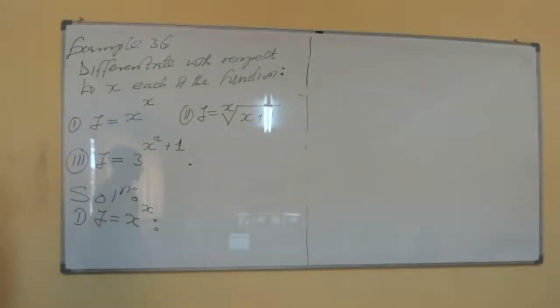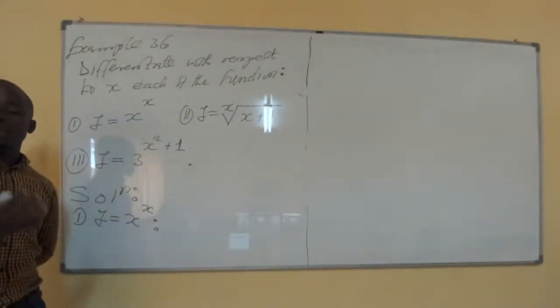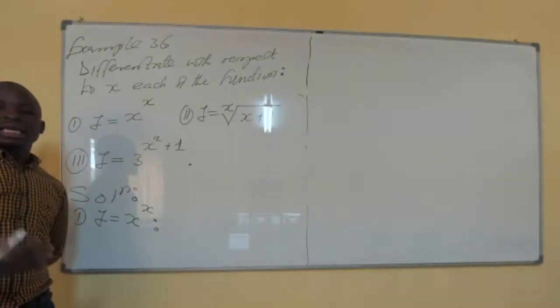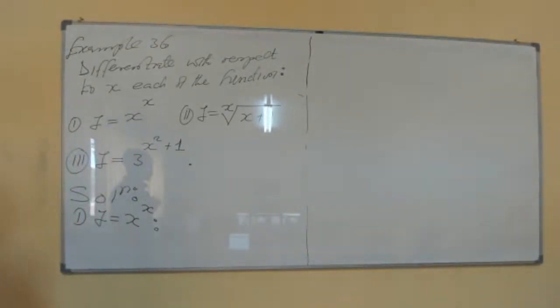How can we differentiate this function? It's impossible to differentiate such a type of function provided we don't apply natural logarithms on both sides. If we don't apply differentiation by natural logarithms, then we can't manage to find the derivative of that function.